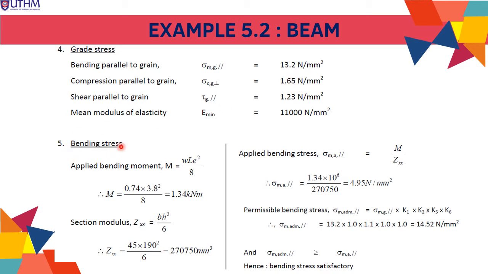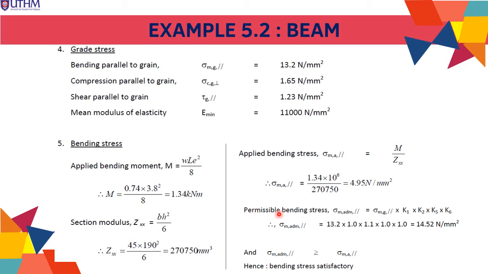We start by checking the bending for the timber. The formula for applied bending stress is M over ZXX, where M is the applied bending moment and Z is the section modulus. Our applied bending stress is 4.95 Newton per millimeter square.